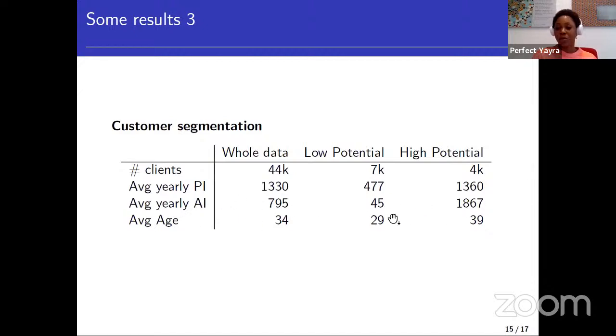So in a way, we can deduce that the metric we use to segment customers works well, at least for us. We also notice that the low potential customers are very young, which is expected because young people usually do not have money to invest in mutual funds or anything of that sort. The high potential customers are relatively old, people who have been working for a while and generally have a good income level.